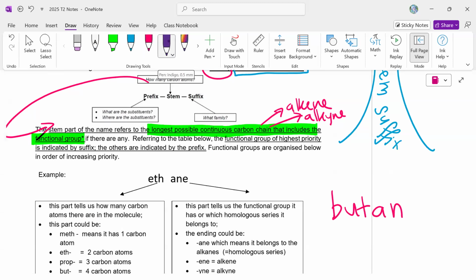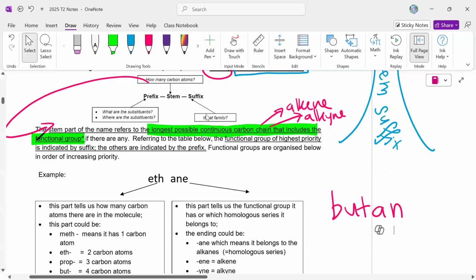If the suffix is alcohol, then O. If the suffix is amine, put in the word amine. If the suffix is an amide, put in the word amide. If the suffix is an aldehyde, put the AL. Usually we just write back the alkane name, clean away the E, except for alkene and alkyne, where we have to change this part.